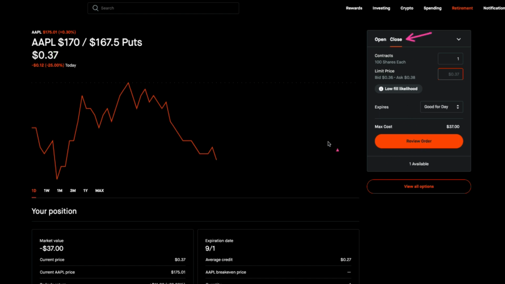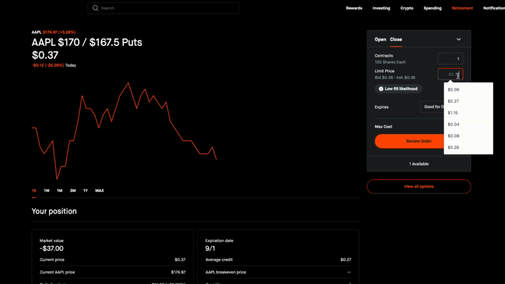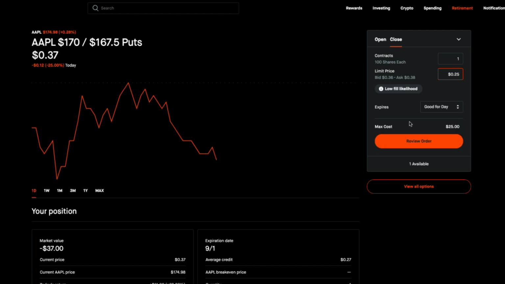Now let's come to at the money. In the at-the-money case, what could happen is that on 9/1 Apple could still be 171, right? In that case, instead of $1 or $2 to close, you may have to put like 25 as the cost to close that trade.